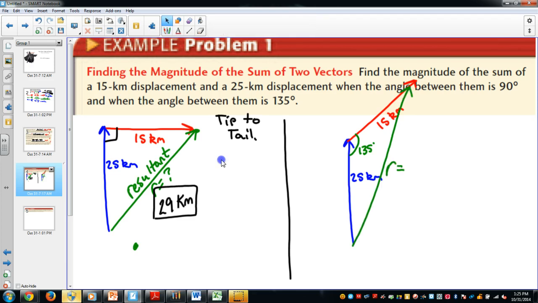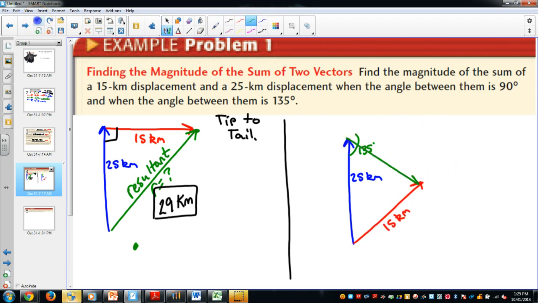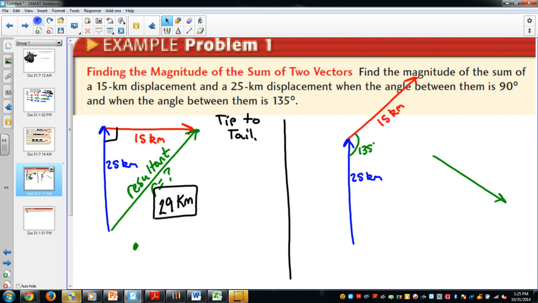Some places where I see people always making their mistake in this chapter is that when you have two vectors, they'll sometimes add them tail to tail. What I mean is this. They'll put this right here, end to end, and they'll say, oh, I got to find this angle. And you can see very easily in this case that this resultant right here that you would find is not going to be the same as this.